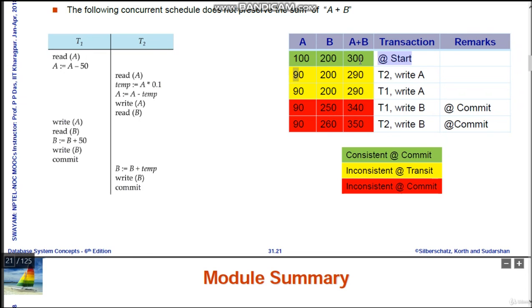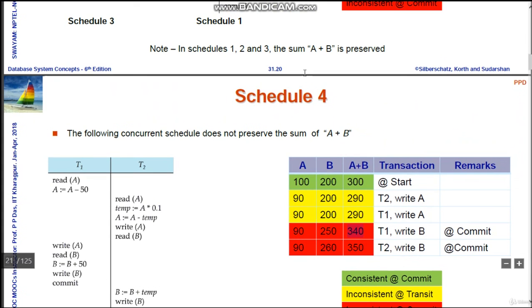The original value is 300 but it is showing 340, meaning someone has profited by 40, so that's inconsistent. So this is the disadvantage of this schedule. If we read the same variable and update the same variable concurrently, then our system becomes inconsistent. In another lecture we will study this topic to resolve this problem. Okay guys.